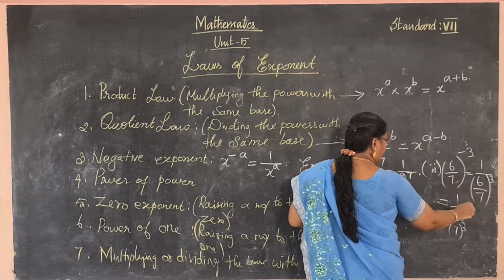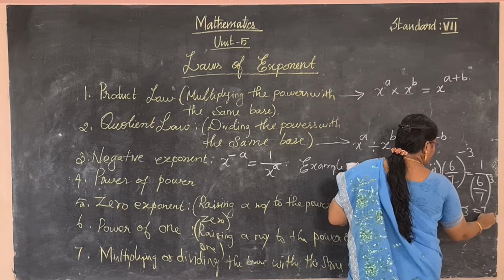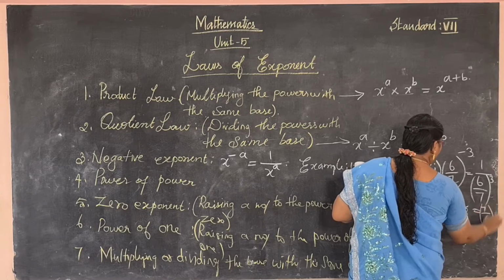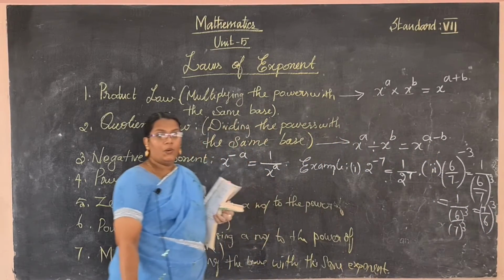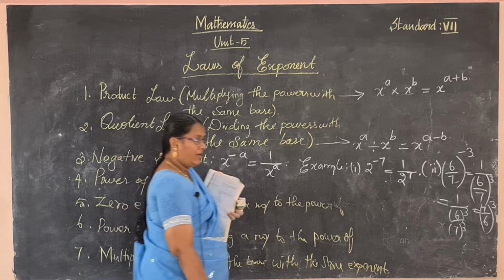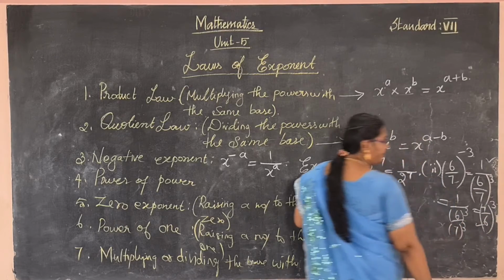Written as the reciprocal, 7 by 6 the whole power of 3 also we can write. Okay, this is correct.